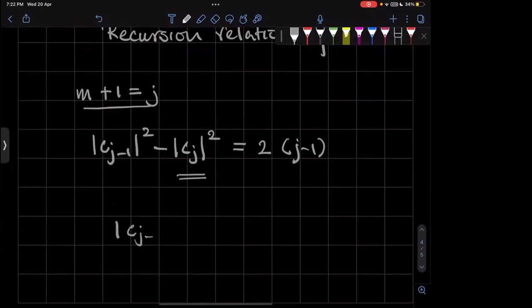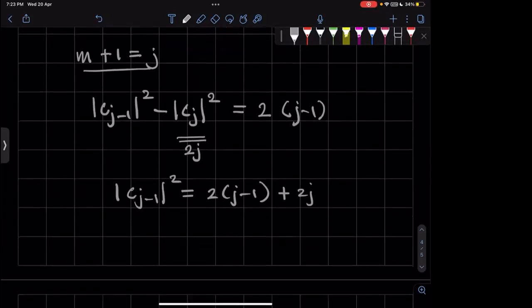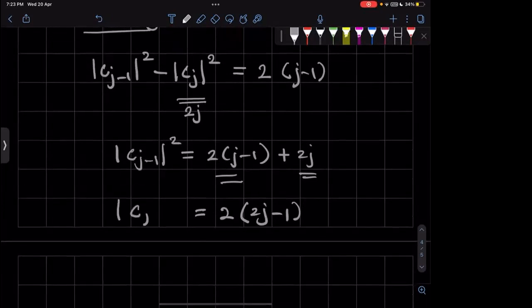Then cj squared is 2j, right? So this becomes 2j minus 1 plus 2j. So here we see that there are 2 factors of 2j, so we can write this as 2 times 2j minus 1. So this gives us the mod of cj minus 1 squared.